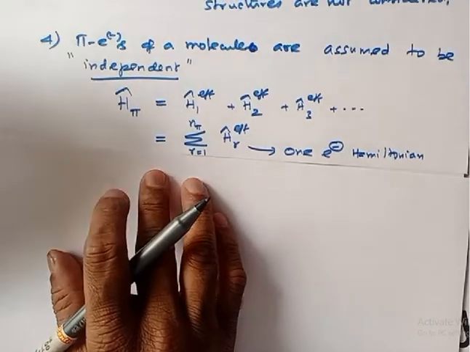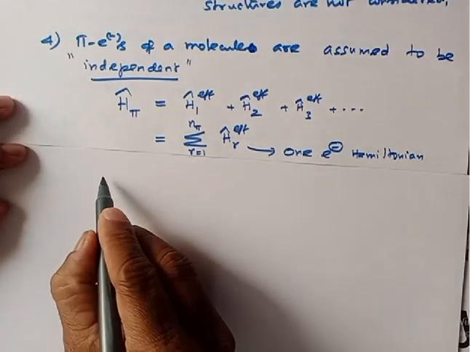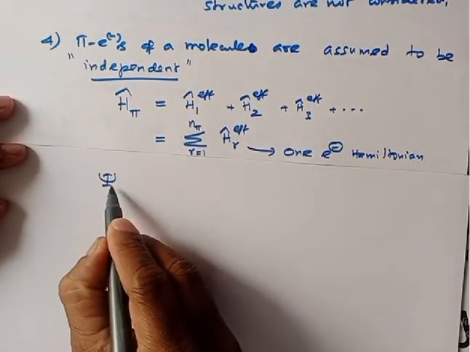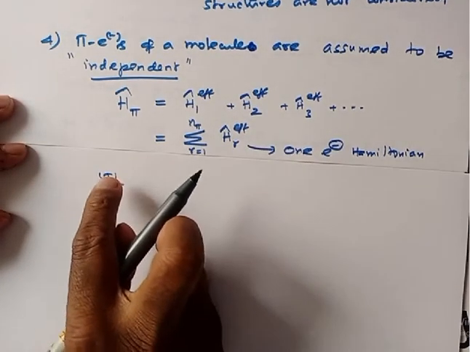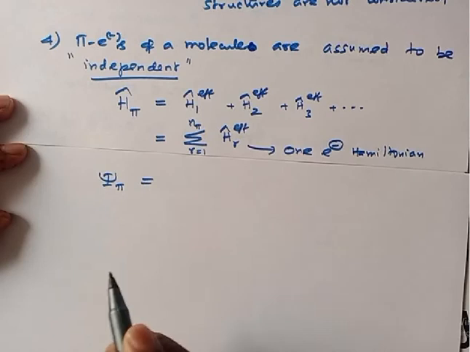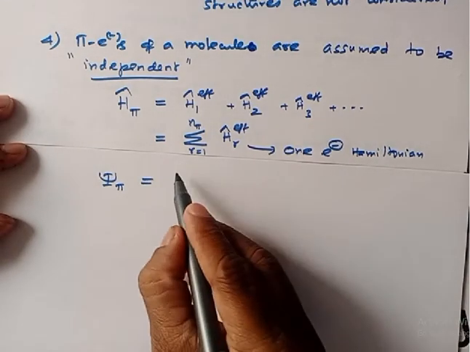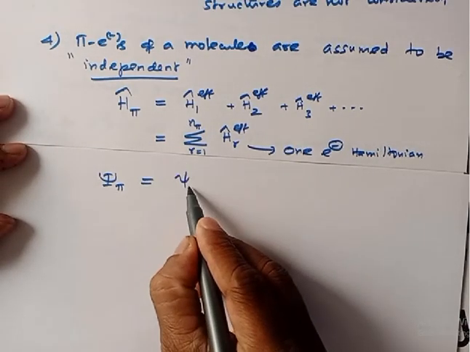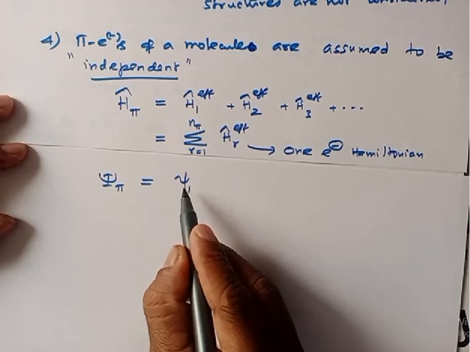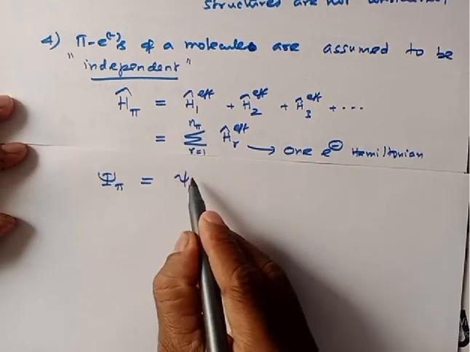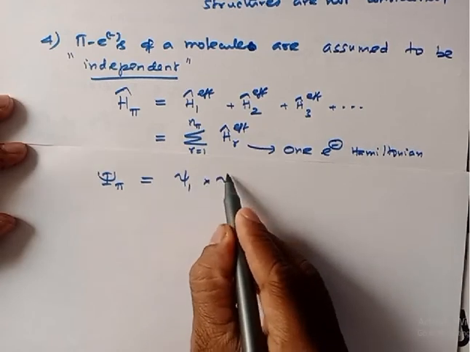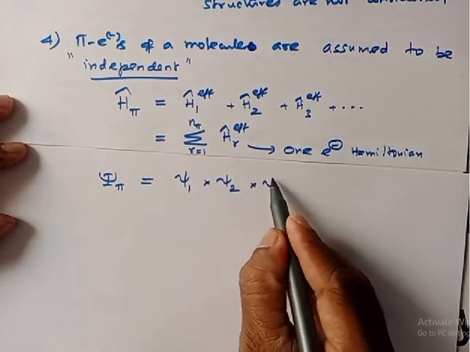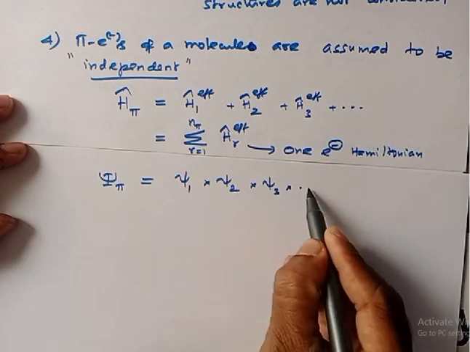What is that assumption? The assumption is that the total wave function for all the pi electrons can be written as the product of one electron wave functions, one for each molecular orbital. So this is a wave function for one molecular orbital, this is the wave function for another molecular orbital, and so on.